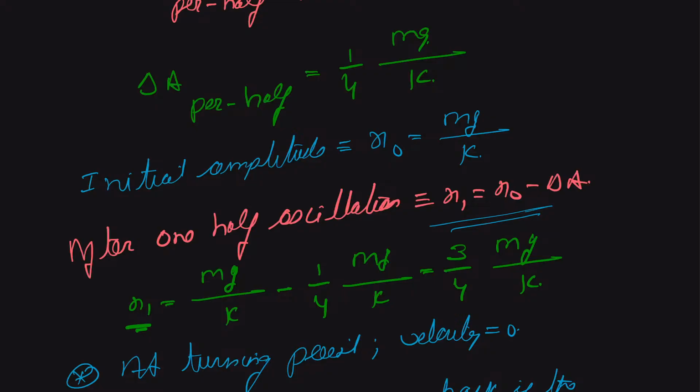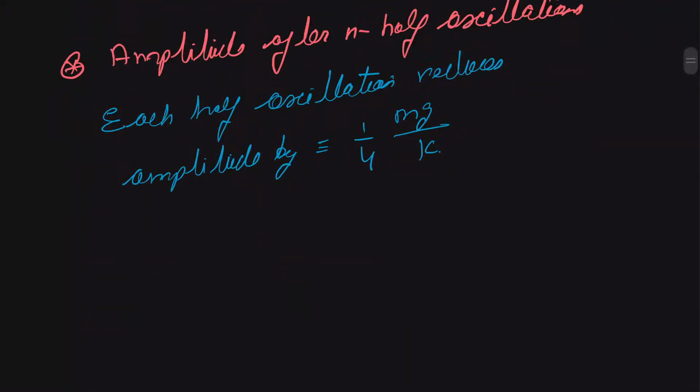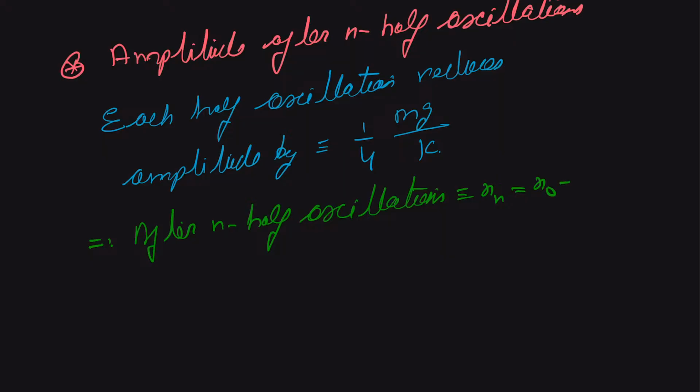Okay, and this cycle is going to be continuous, or x of 2. So this will be x of 1 minus the reduction in half oscillation. Therefore we can generalize that thing. So we can write that after n half oscillations, x of n will be our initial, minus n times 1 by 4 mg upon k. Okay.